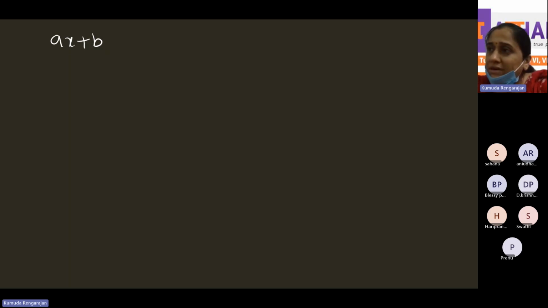Conditions: a and b are real numbers, but a should not be 0. Then when you equate this to 0, what is it called? Linear equation. Very good. ax plus b is equal to 0 is the standard form of a linear equation in one variable x.